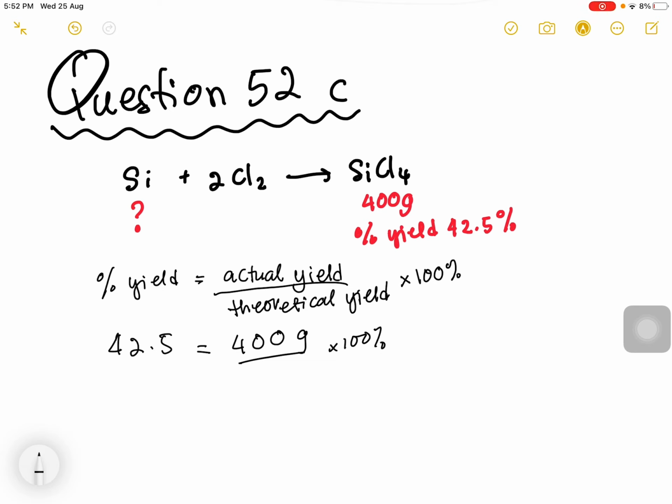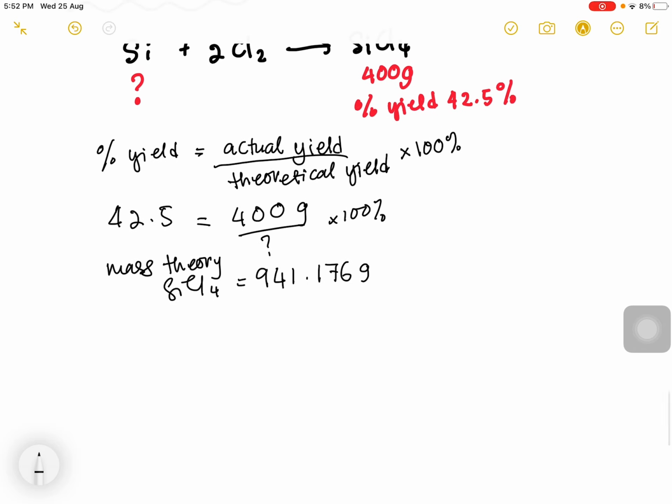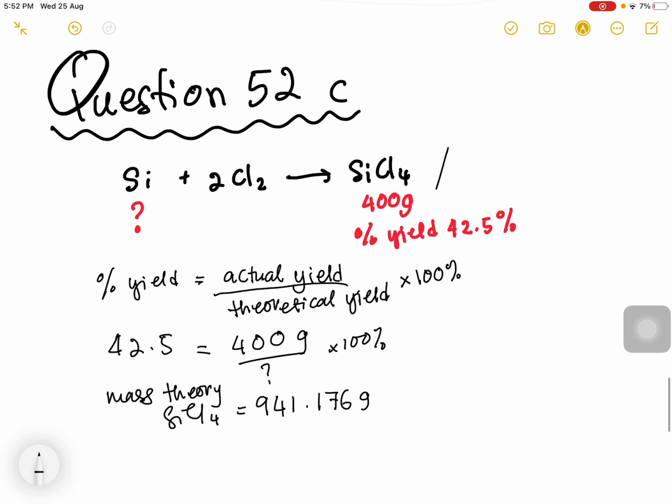So the theoretical mass for SiCl4 is 941.176 gram. Okay, so the mass that we should get is 941.176 gram, but we obtain only 400 gram. This is the actual, and this one is the theoretical value.